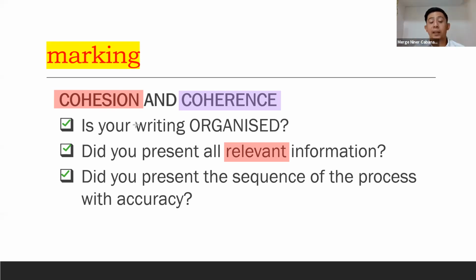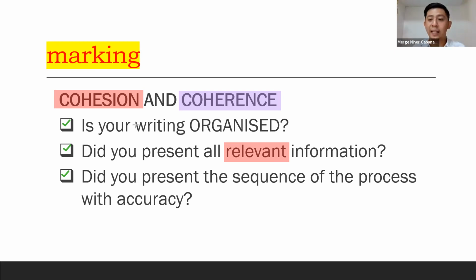But if they do not have something to link those ideas from one another, look at the word that I'm using, to link, then cohesion is not justified. So it's not enough that your essay is coherent. It is also required that your essay must be cohesive.